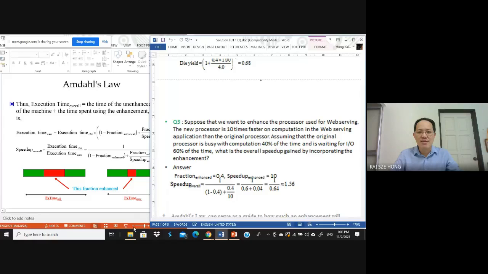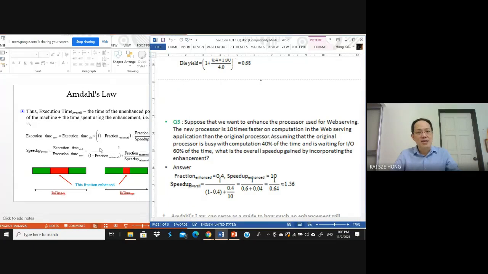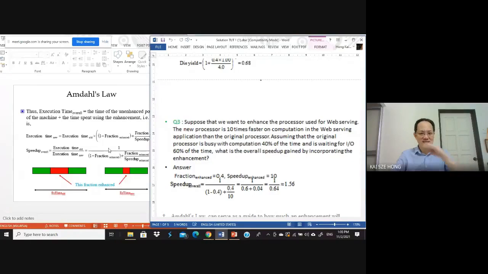So use this formula. Let me make it a little bit smaller. So the speedup equals 1 over the enhanced. So what is the fraction here? Anyone can tell me what is the fraction? You can turn on your mic and tell me, because there are not many people here. You can just turn on your mic.